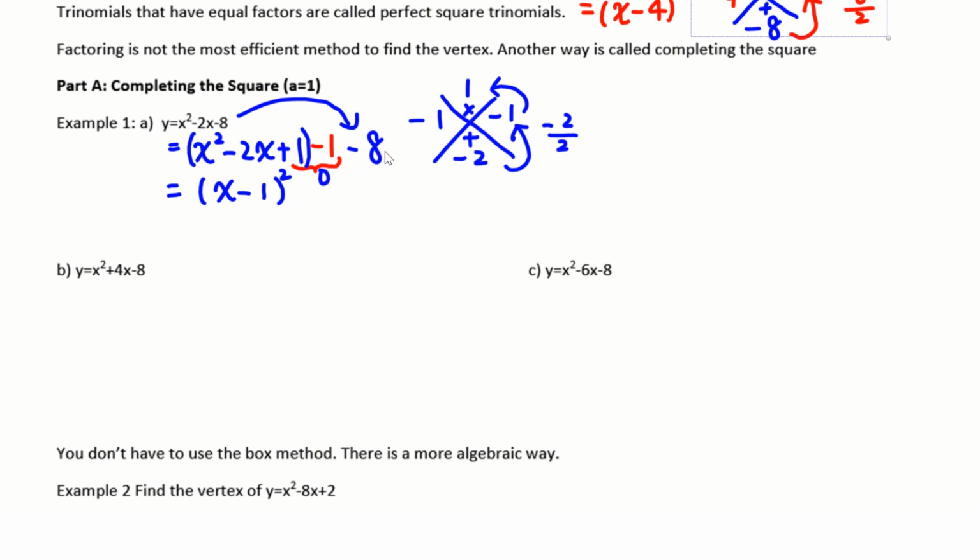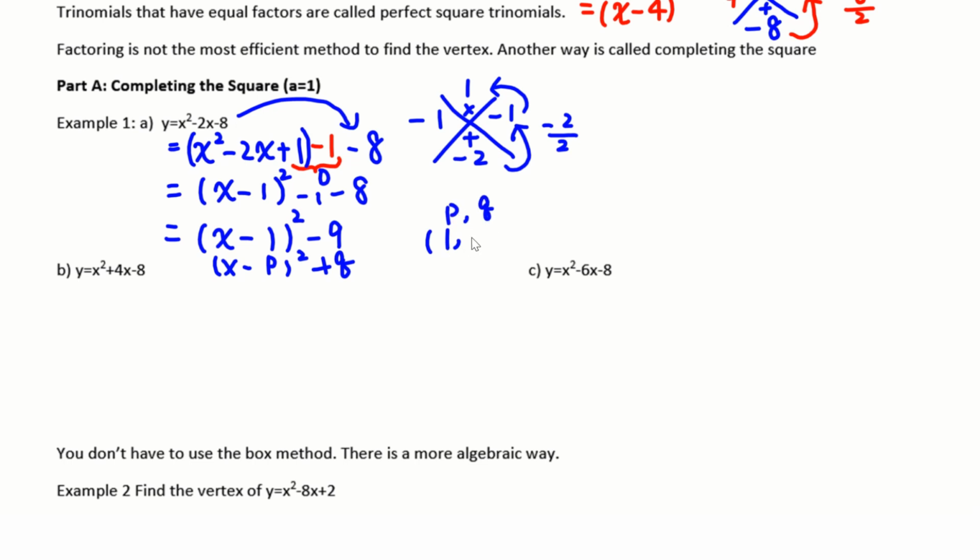So we have minus 1 minus 8 left. Then we combine these two, and we have x minus 1 bracket squared minus 9. Then this is the vertex form. The vertex is the opposite of the number in the bracket, that is your p value, then plus q. Q is negative 9, and pq is your vertex. So 1 comma negative 9 is your vertex.